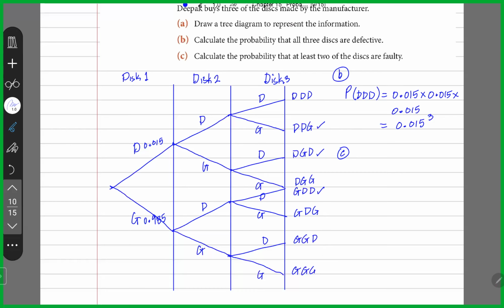3 times. So the probability of 2 defective and 1 good is equal to 3 times 0.015 squared multiplied by 0.985. Any questions or comments about that?